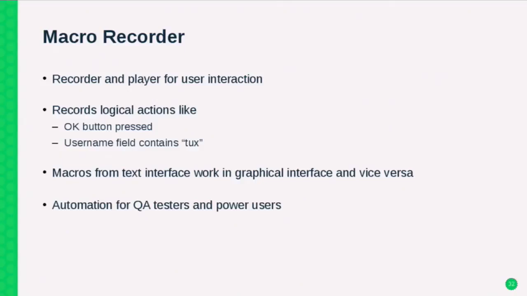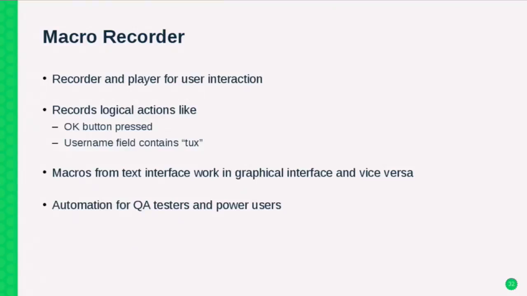And it does it in a very clever way. It not just records the coordinates where a user clicked, but it records the logical action, like the OK button was clicked, or in this input field, this value was inserted.